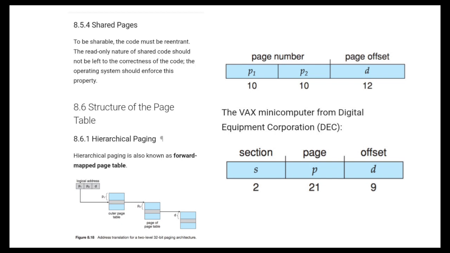The second 10 bits finds a specific entry in that inner page table, which in turn identifies a particular frame in physical memory. The remaining 12 bits of the 32-bit logical address are the offset within the 4 KB frame.